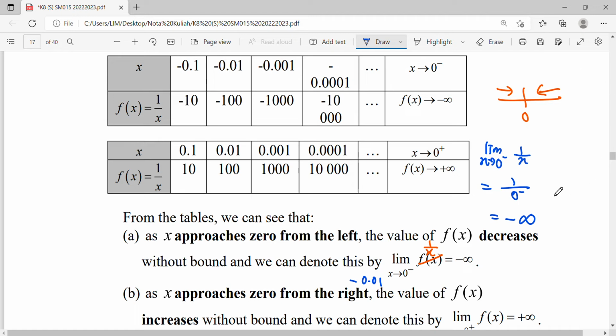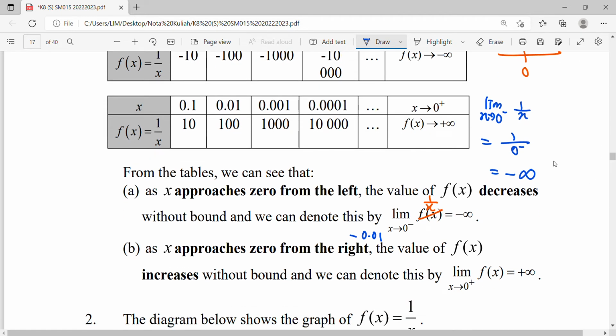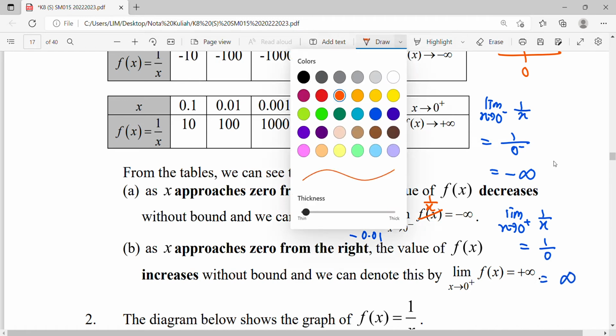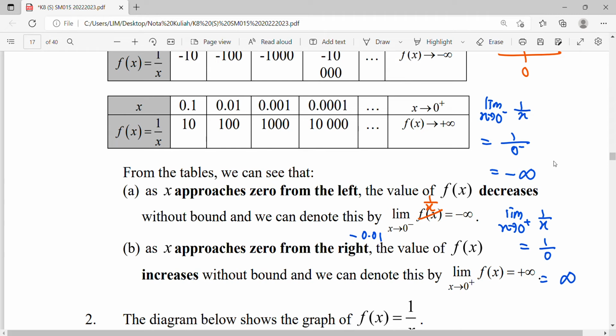Okay. When x approaches 0 from the right hand side, you calculate as usual, substitute, 1 over 0, you get infinity. You need to figure out whether this 0 is positive or negative, getting closer to 0 from the positive side or the negative side. Then you observe your x.